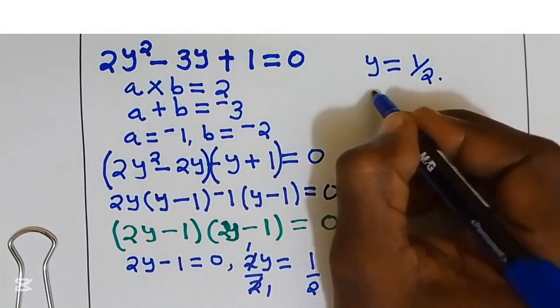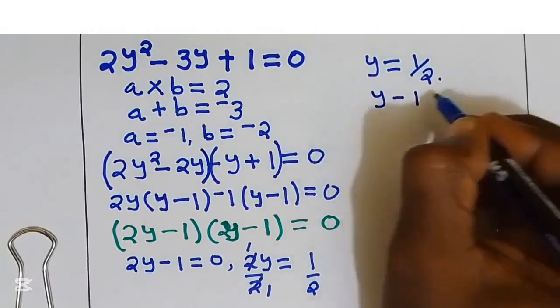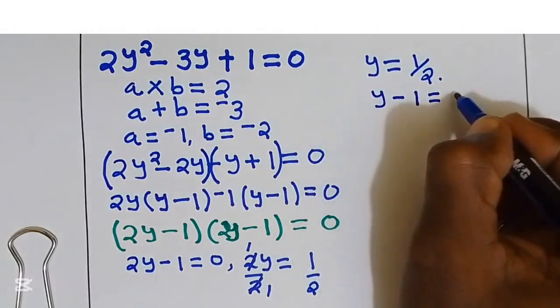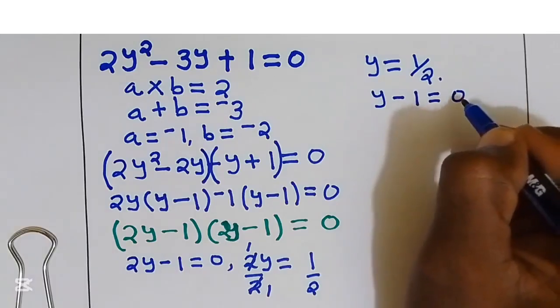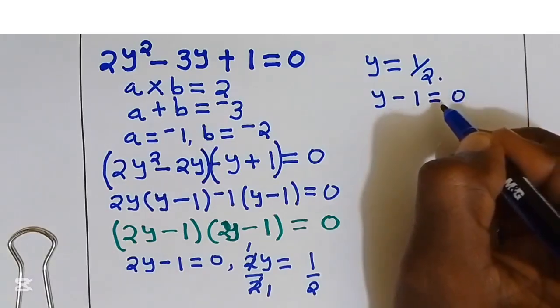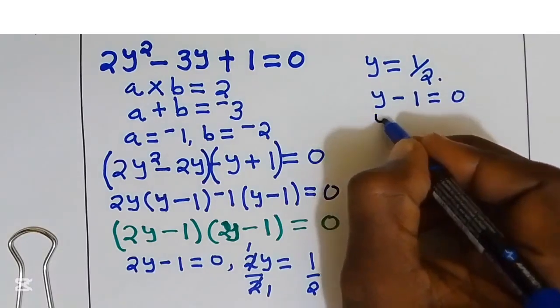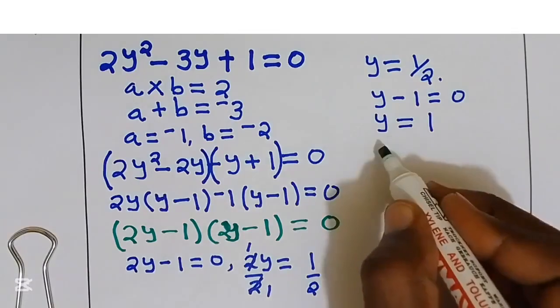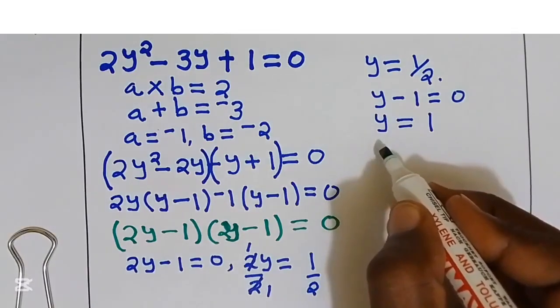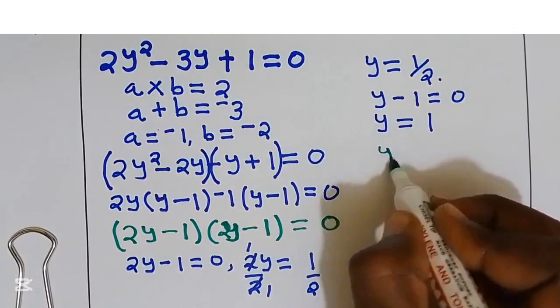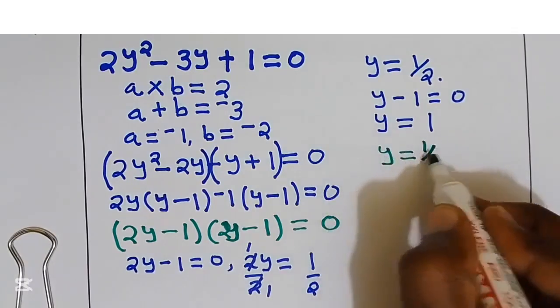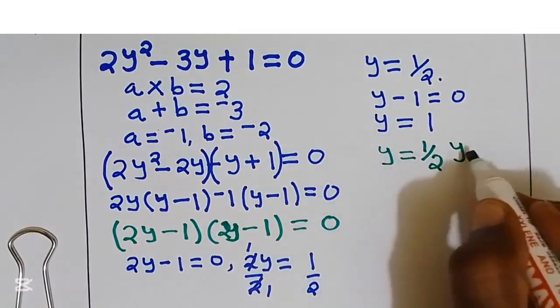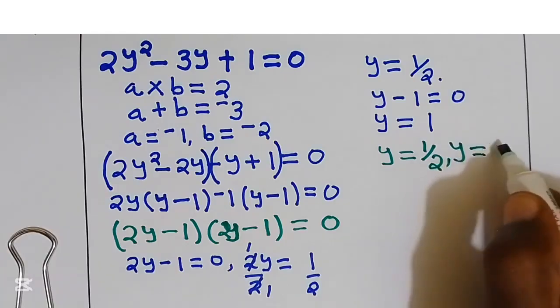And also y minus 1 is equal to 0. Now y is equal to 1. We have y is equal to a half and y is equal to 1.